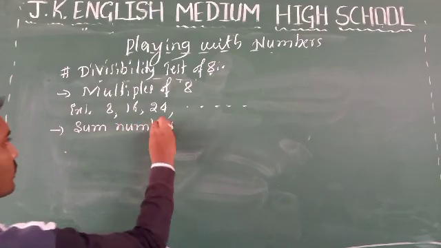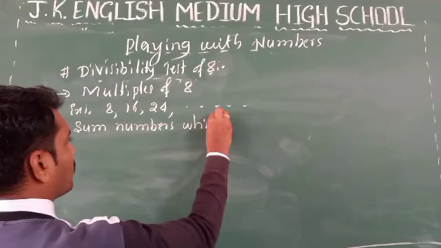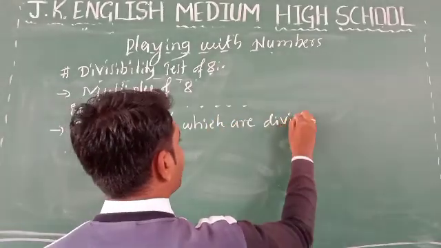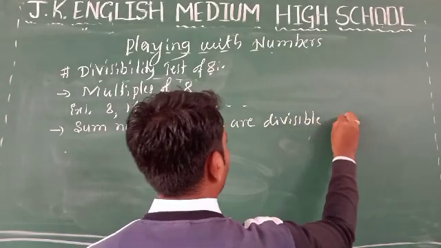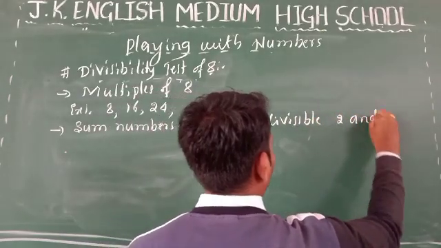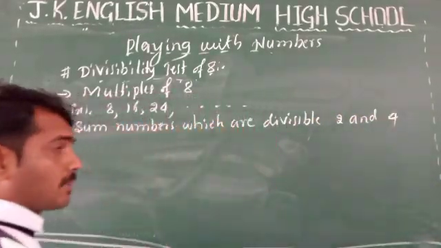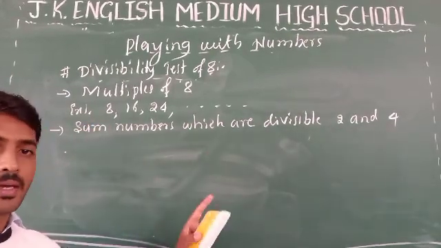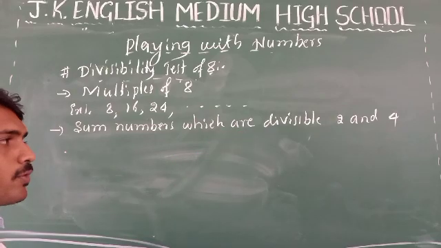Next one. Some numbers which are divisible by 2 and 4. Some numbers only, in the sense those numbers are divisible by 8, those numbers are divisible by 4, 2 and 4.